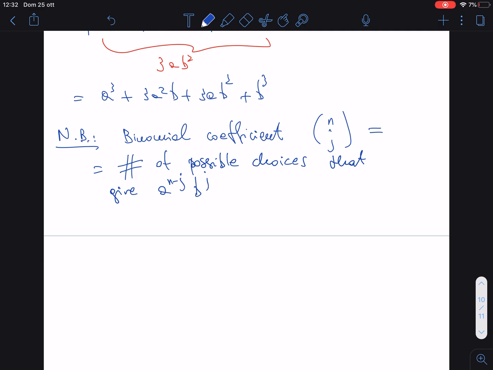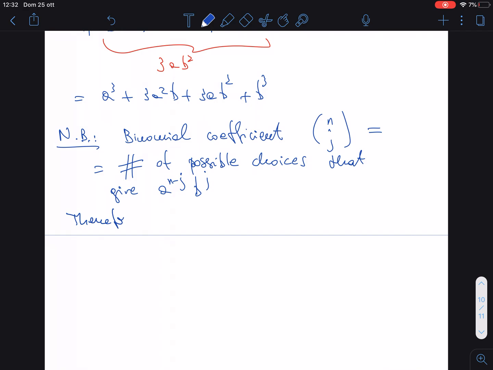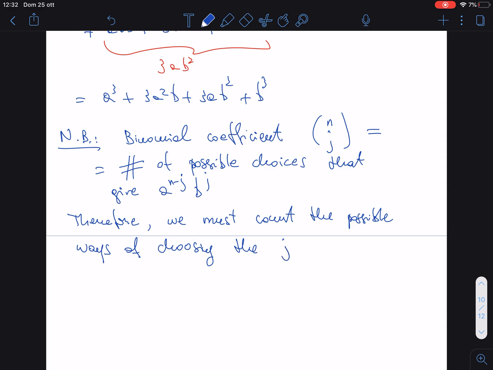Therefore, in order to know the binomial coefficient, we must count all possible ways of choosing the brackets, the j brackets, from where we pick b, the j b's.